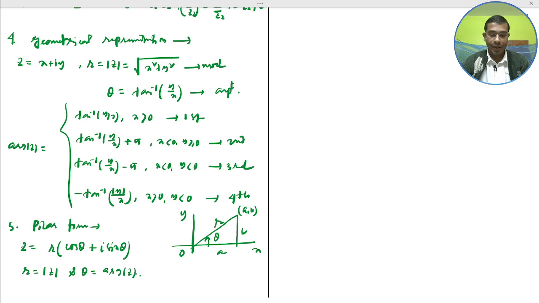Next, polar form of a complex number. Polar form for very important results, plus or minus 1 and i.